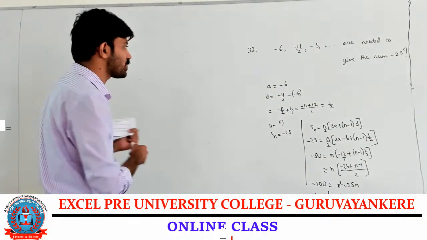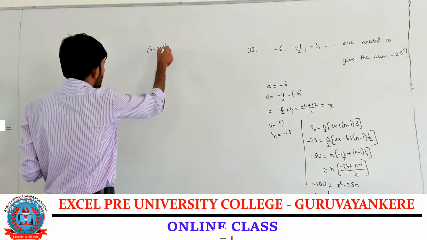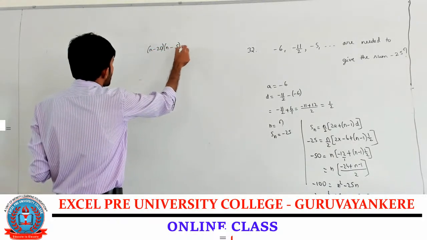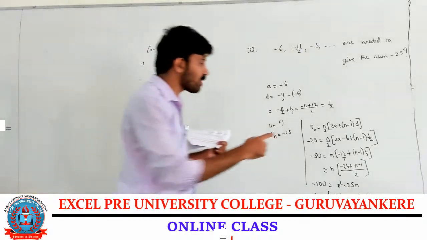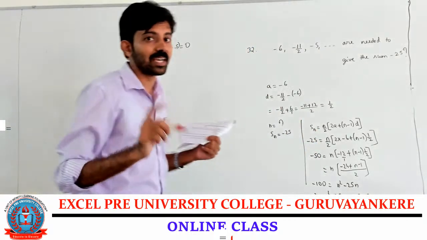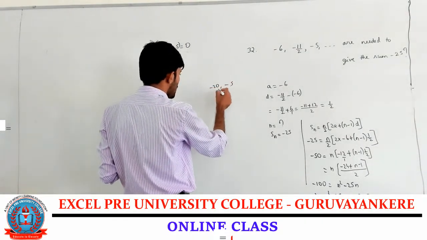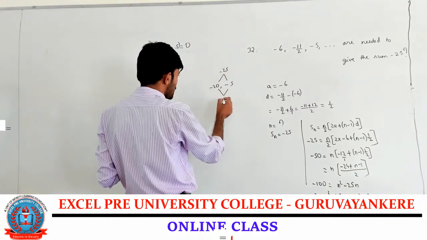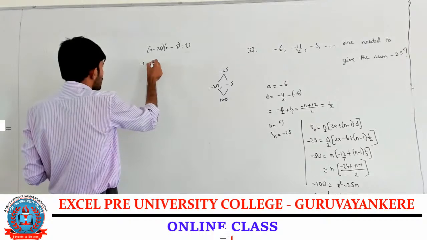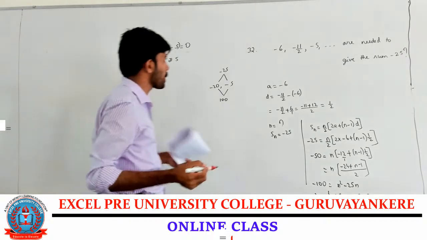Minus 20 and minus 5: n minus 20 into n minus 5 equal to 0, correct? Minus 20 and minus 5, if you add them you get minus 25, multiply them you get 100, correct? This is n is equal to 20 or n is equal to 5.